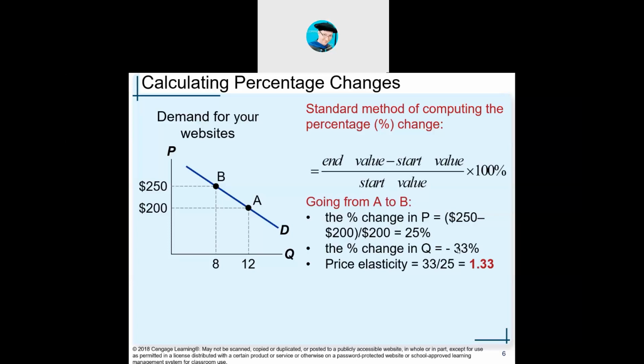So the 1.33, because we dropped the negative, shows us our price elasticity.